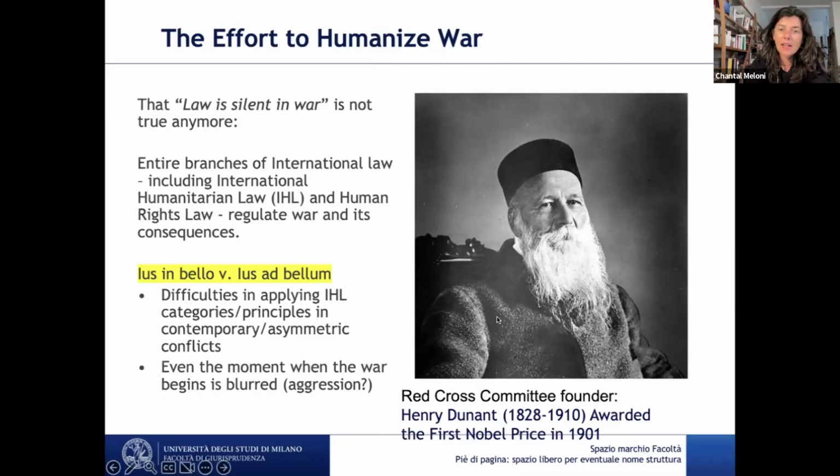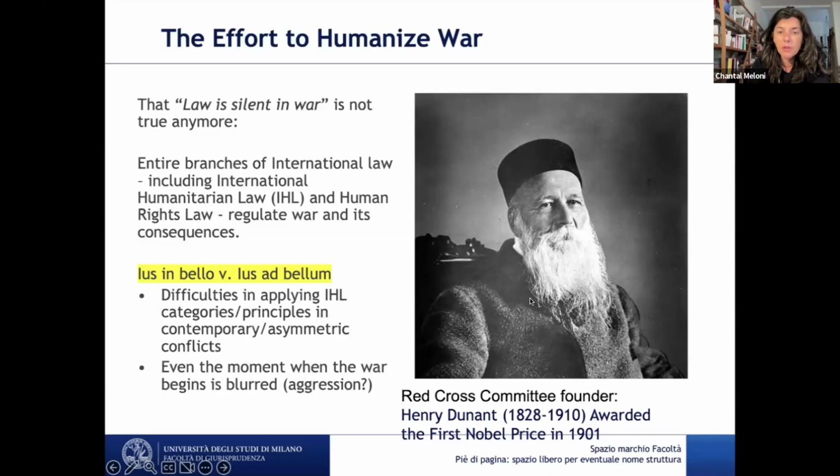And this is Henry Dunant, that you probably already heard of, the Swiss businessman who, after the Battle of Solferino, where he had the chance to see the horrors of what was left on the field in that battle in the 19th century, was so shocked that he started to work to create a relief organization that was thought in reality for the wounded and sick on the field, so the soldiers, but then developed to be the International Committee of the Red Cross.